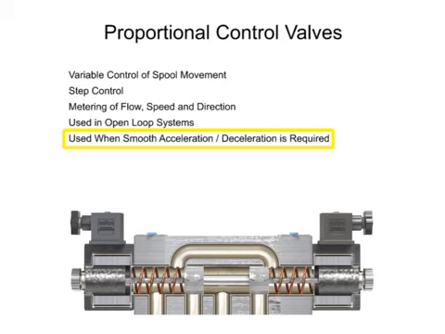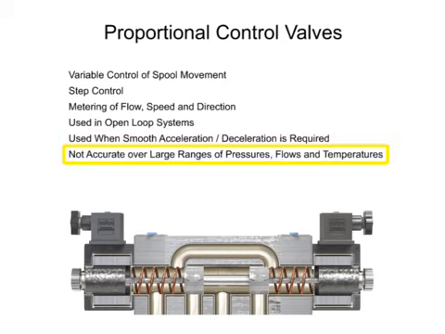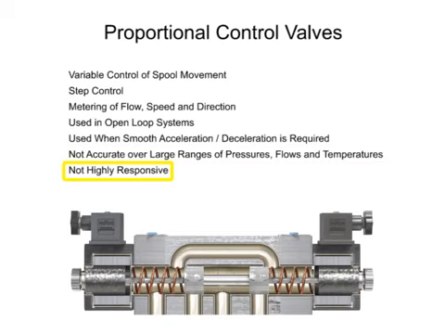The proportional control valve allows for a simpler hydraulic circuit, but it is not accurate over a broad range of pressures, flows, and temperatures. Neither are they highly responsive. Proportional valves offer a variety of machine cycles which can safely be operated at greater speeds and result in improved machine cycle times and production rates.